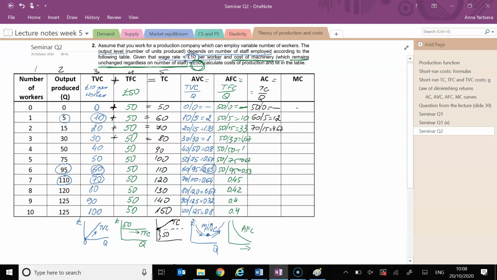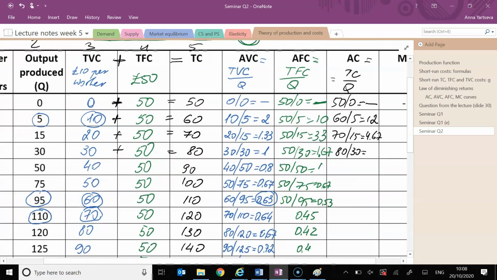Next, spent 80 pounds to produce 30 units, 80 divided by 30 is 2.67. Next, 90 pounds spent to produce 50 units, 90 divided by 50 is 1.8. 100 pounds, 75 units, 100 divided by 75, which is 1.33.